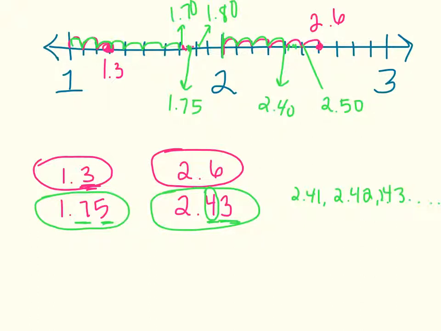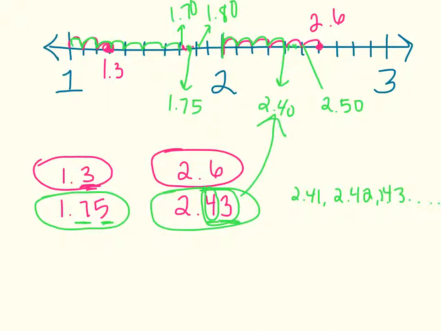Now, I know that 43 is not in the exact middle of 40 and 50 hundredths, so I'm going to use rounding to help me place my decimal this time. I know that 43 is closer to 40 than it is to 50.